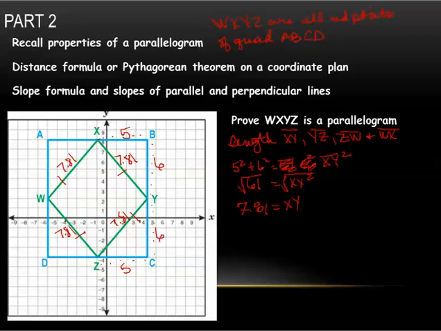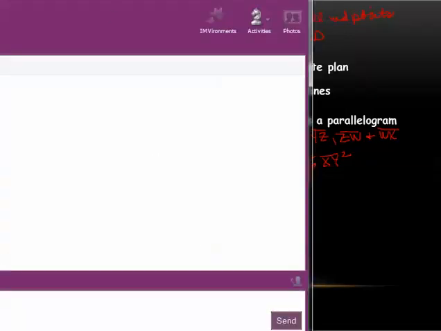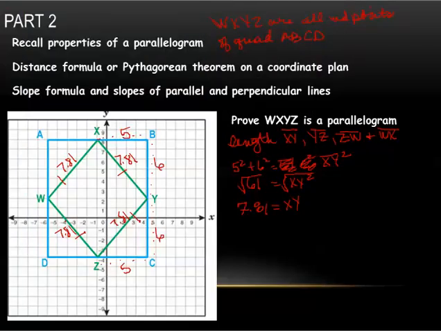Now, if I calculate their slopes and find out that they're the same, then I'll know that the opposite sides are parallel. So I'm going to calculate slope for, I'm just going to say XY, I'm just picking a set of opposite sides, and WZ.